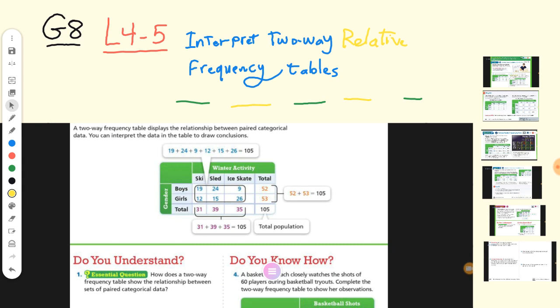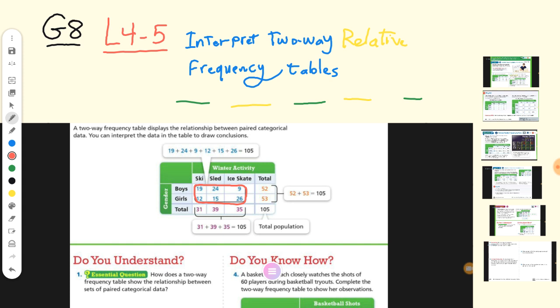The conclusion about the relation between what boys and girls choose for one kind of sport is in the data inside. What is inside here? 19 boys like skiing, 24 boys like sledding, and 9 boys like ice skating.